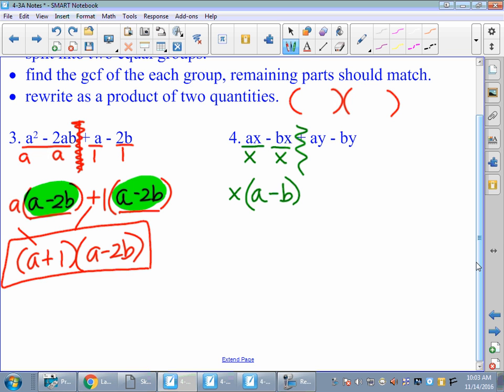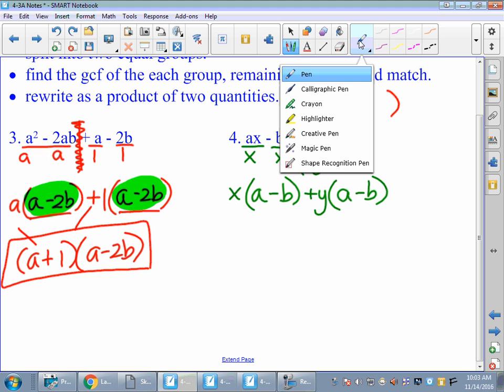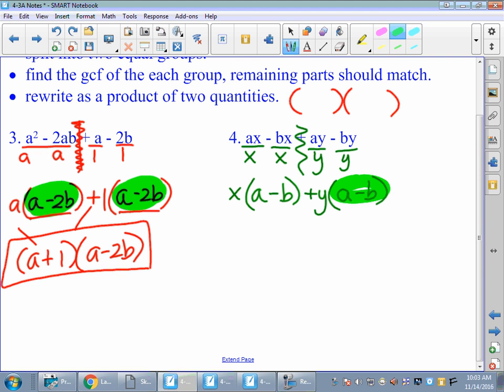So I want to make sure I get a minus b on this other side. So I'm going to divide by y. They both have a y in common, and put a positive y out in front. And that leaves me with an a minus b. Notice that the a minus b matches this a minus b, and so I can put the outside numbers together.